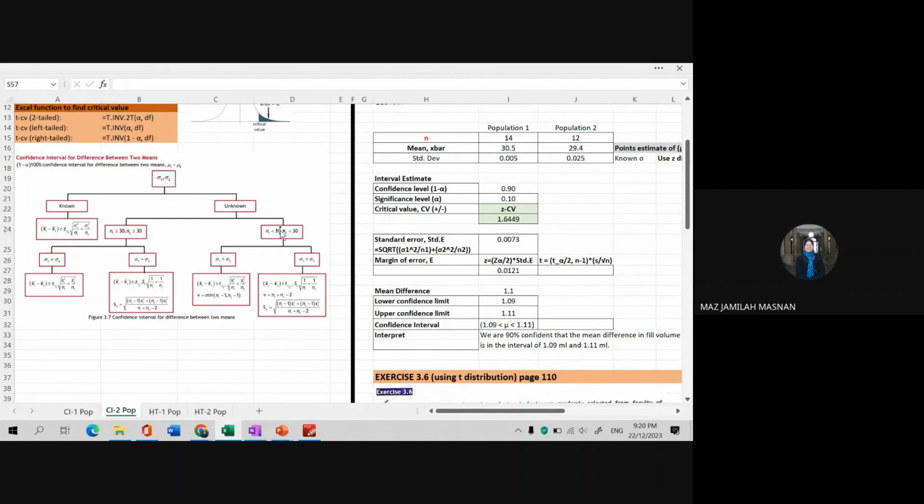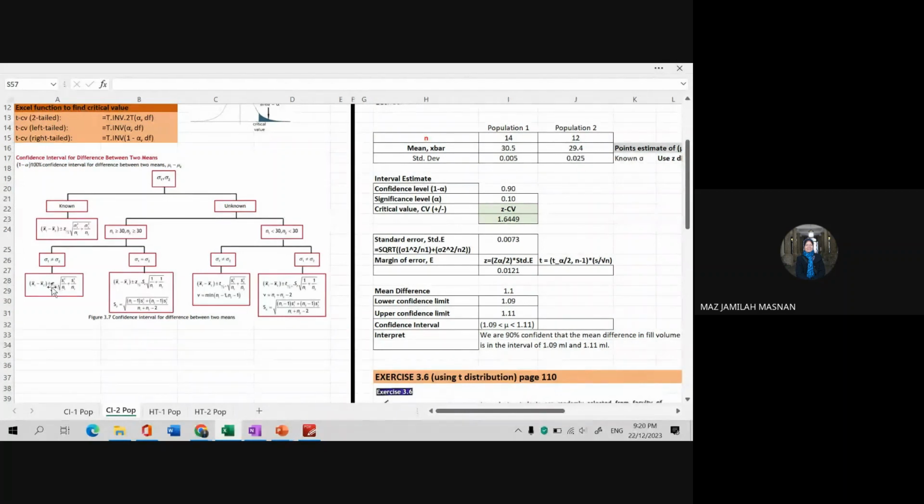Then for sigma unknown, there will be consideration where the n is less than 30 or greater than 30. And remember, when you have this formula during your assessment, maybe the critical value will be given if, let's say, you don't have any source to refer to, your Excel or your table.